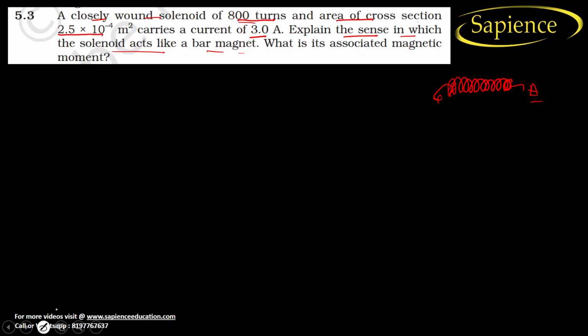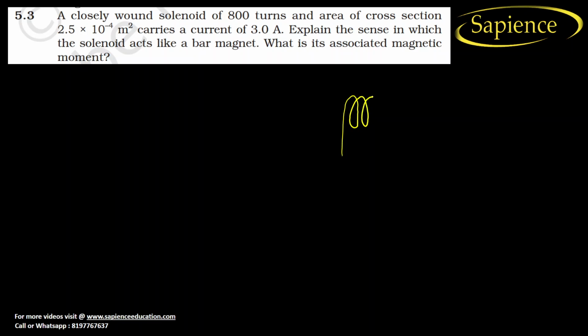So first of all, we need to understand why this will act as a bar magnet. First of all, you need to draw the diagram of the solenoid. So let us suppose this is a solenoid, right? I hope you have studied it in the theory part, or if you have not studied it, you can go to the theory part of our channel so that you can understand, right?